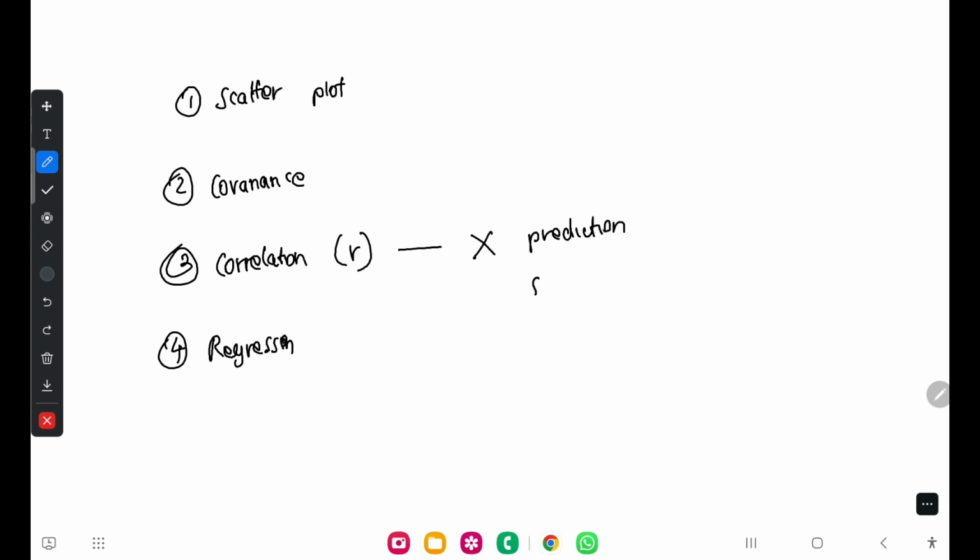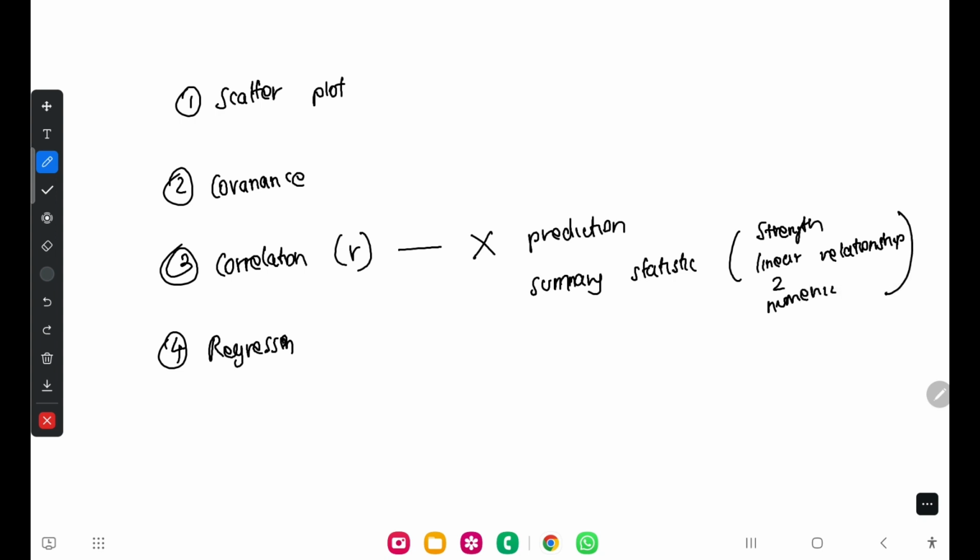This is just a summary statistic, which summarizes the strength of the linear relationship between just two variables which are numeric. This is what we do in correlation.